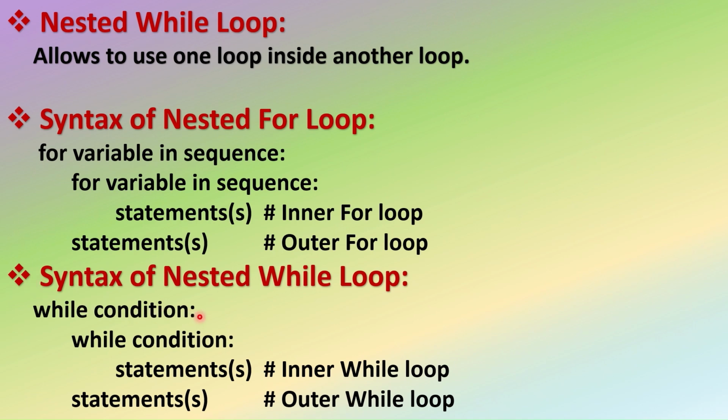Followed by this outer while loop, we have the nested while loop, specifying the condition and the set of statements inside this inner while loop. Once the inner loop finishes, the control comes out of it, and we have the statements that belong to the outer while loop. Like this, we can specify n number of nested while loops inside the specified nested while loop.